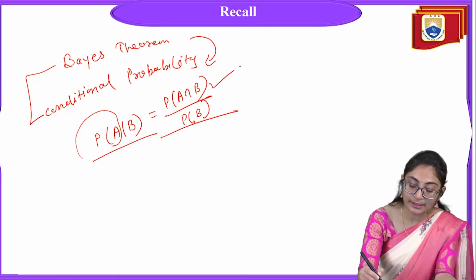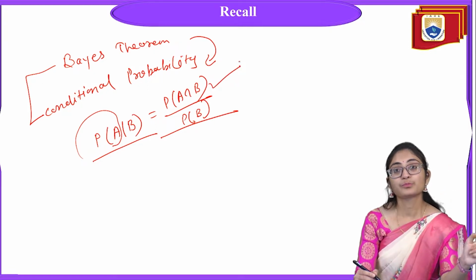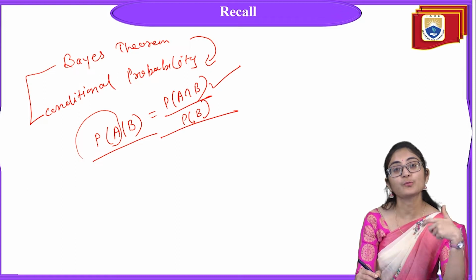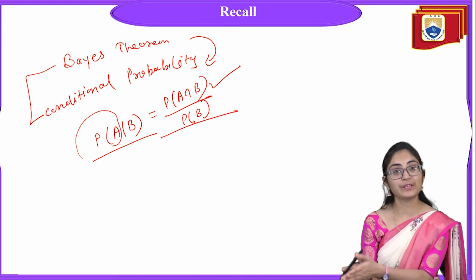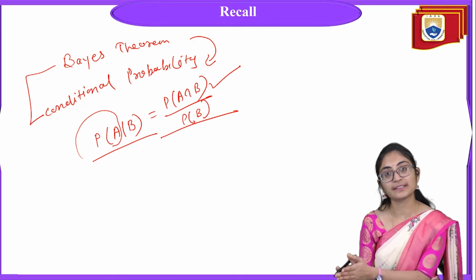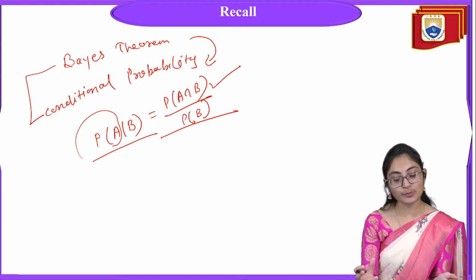Then you find the probability of both A and B, divided by the probability of B occurring. This is your conditional probability.